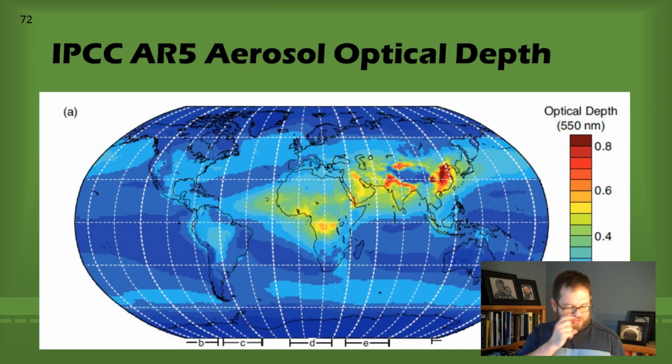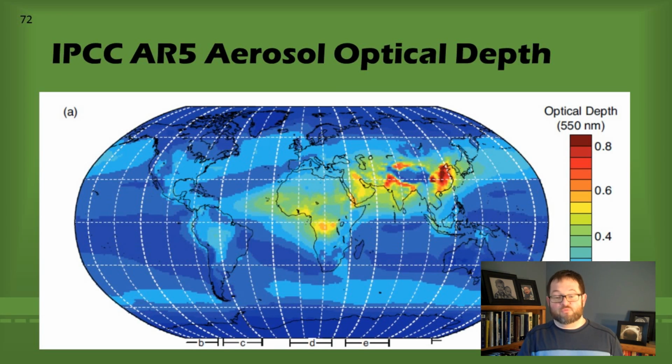Hey, by the way, if you take a look here at a map that is from satellite images, this comes from the IPCC AR5, there's a way we can use satellites to determine the optical depth of aerosols in the Earth's atmosphere. This is how much radiation is being absorbed, or rather reflected, by the aerosols in this case. The optical depth can be used to mean reflected as well.